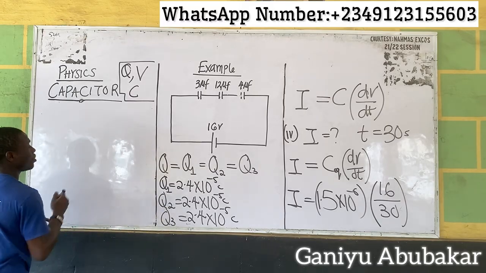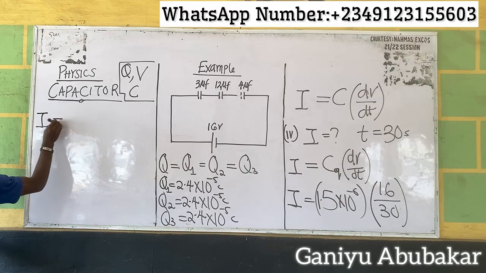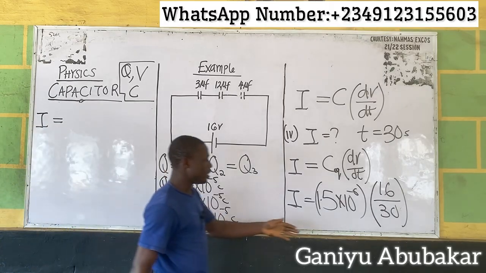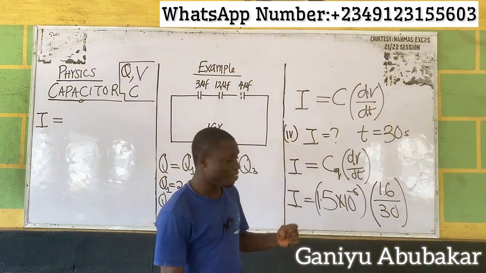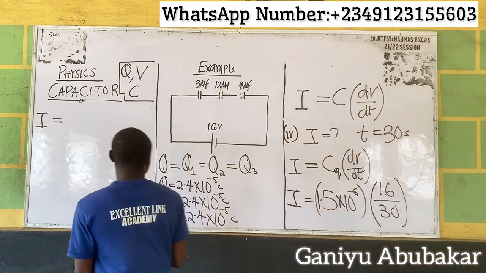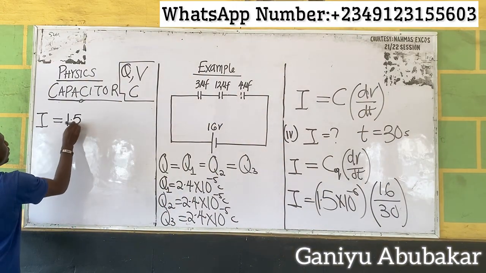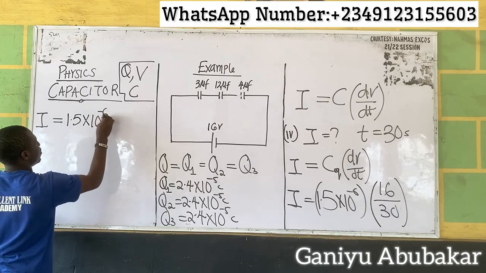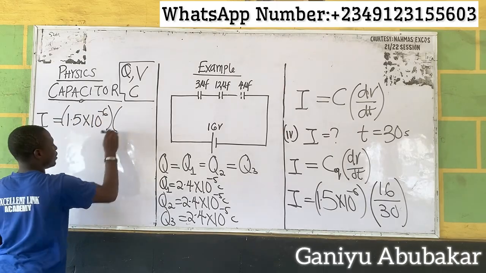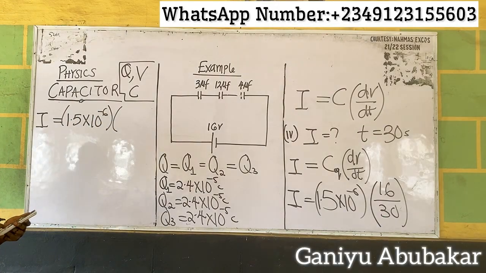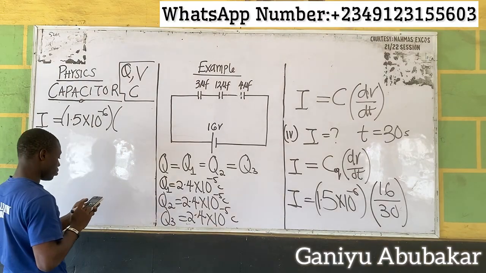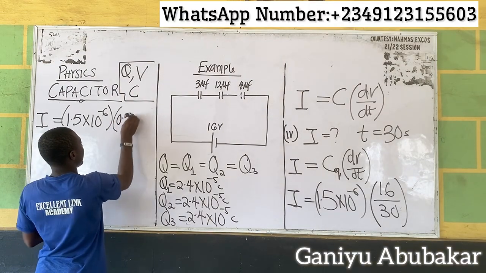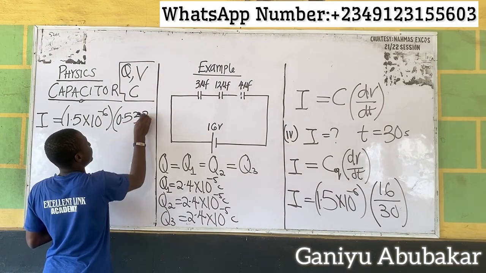From here, I, which is current, will be equal to, let me divide these two first. If I divide 16 by 30, multiplied by 1.5 times 10 to the power minus 6, I have about 0.533.